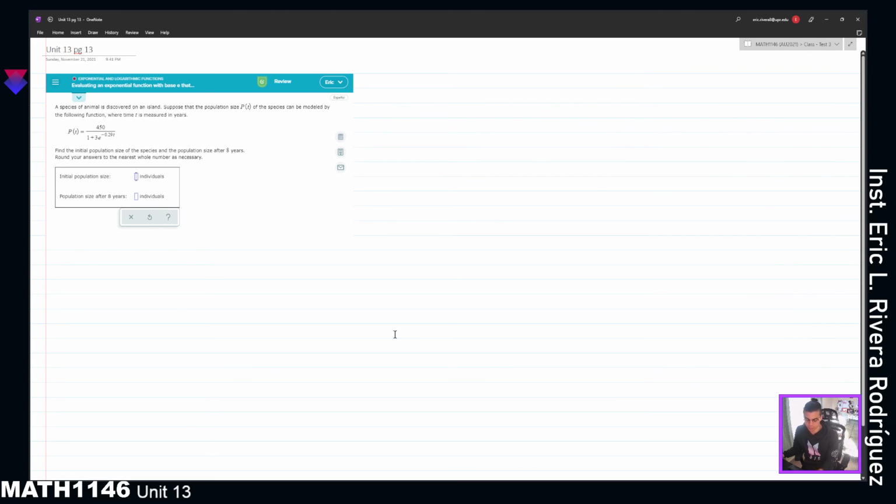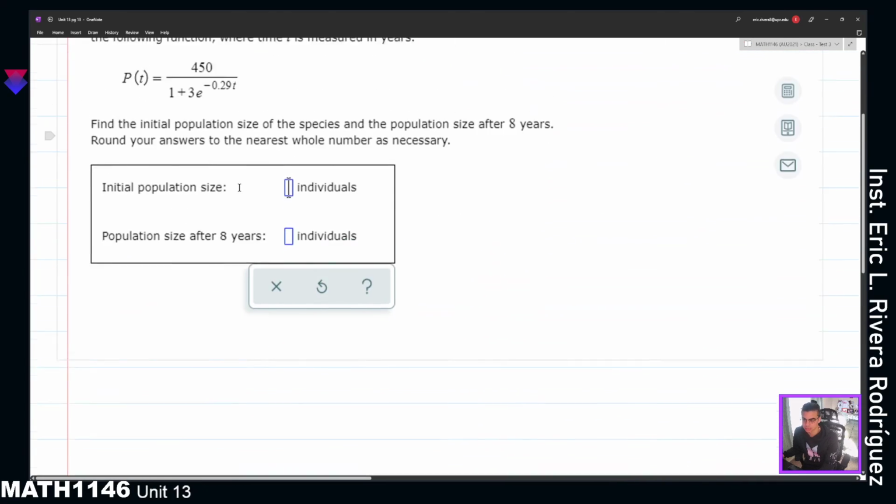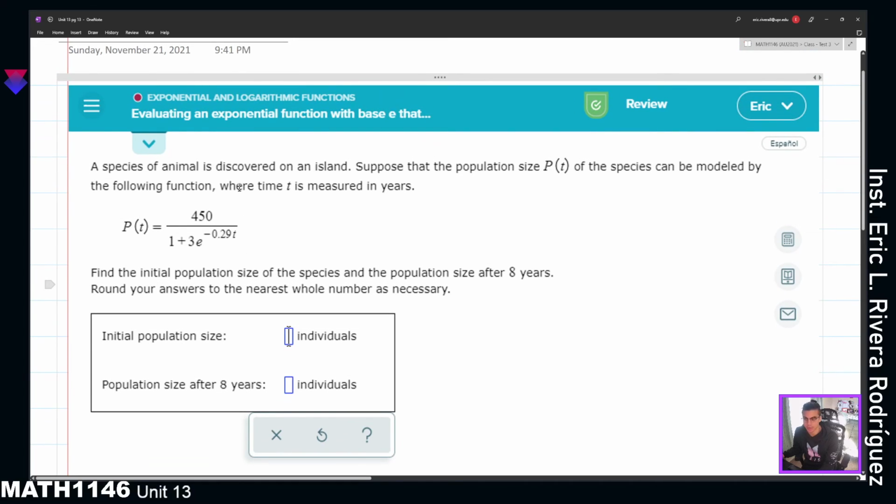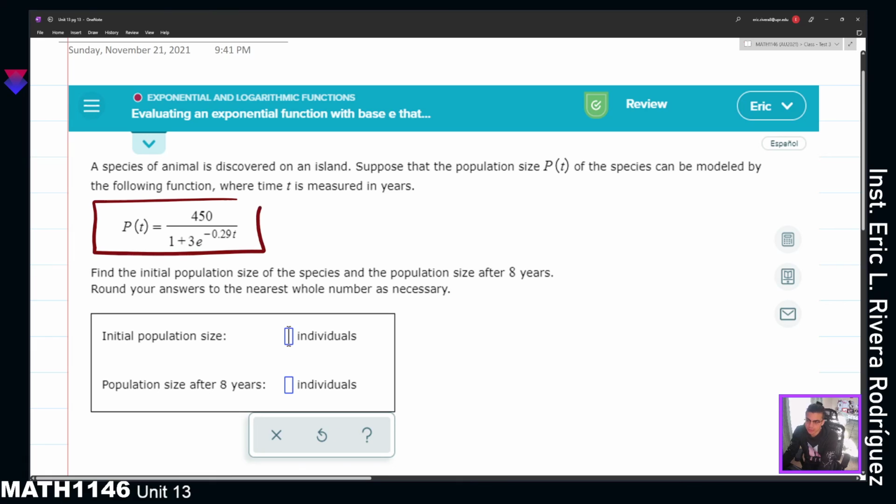The last exercise that we are going to discuss is that few exercises are going to give you a different formula, different from the two that are in the worksheet of the day. If that's the case, then you need to use the formula that the exercise gives you. Let's read through this one. A species of animal is discovered on an island. So we know that we're working with a biology problem.